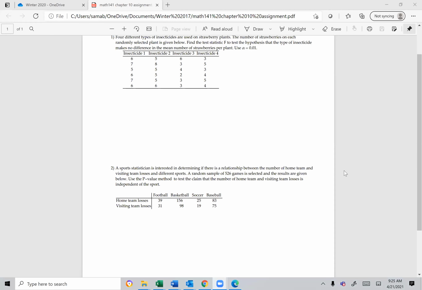Trying to annotate. Okay, now it's allowed me. So HO will be mu1 equals mu2 equals mu3 equals mu4. Can you guys remind me what HA is?